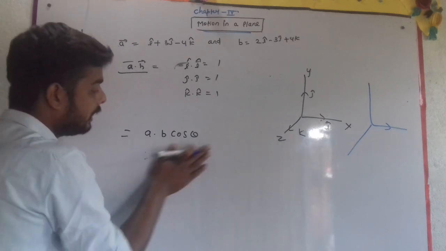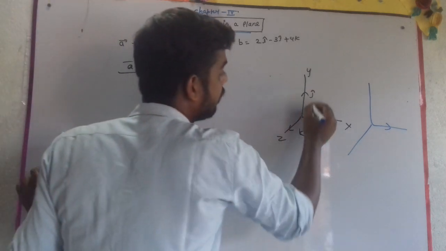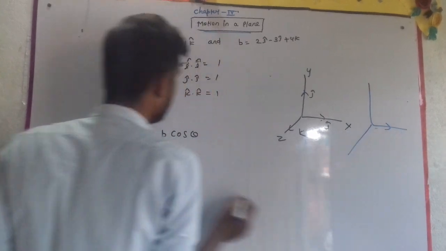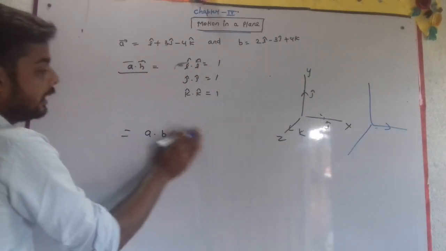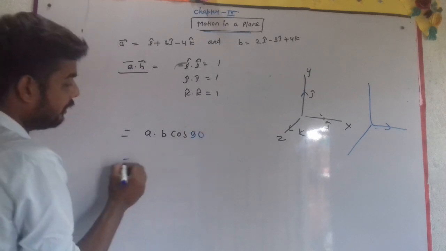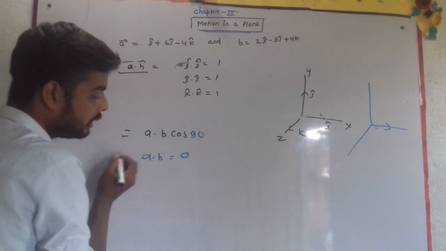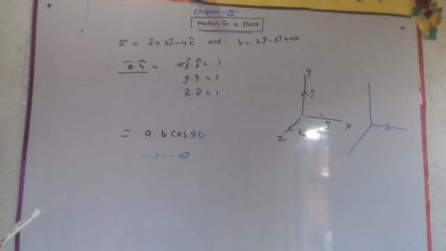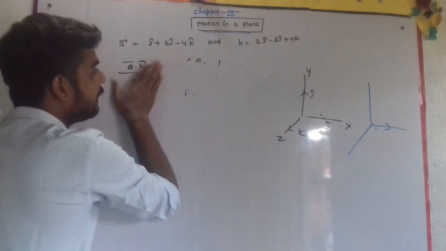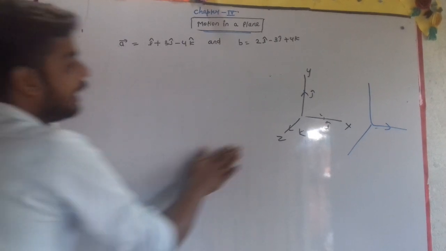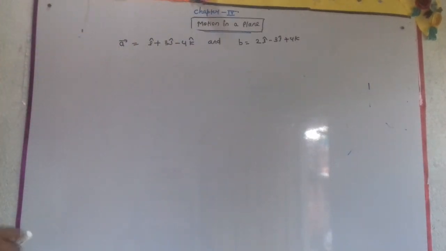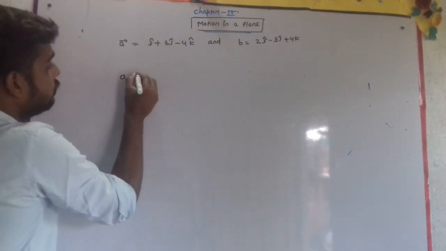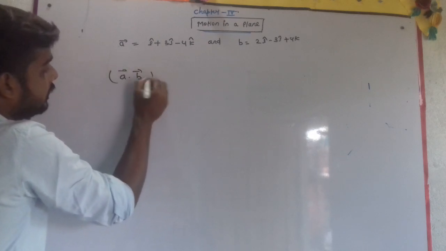But if they are not in the same direction, if we are talking about j and i, we get a 90 degree angle, j dot i, so cos 90 will be there. We know that cos 90 equal to 0, so this will be 0. This is similarly mentioned in your book, so try to understand first and afterwards you can solve the question. So we are going to derive A dot B.